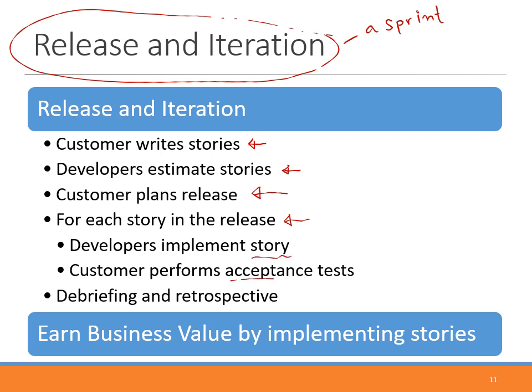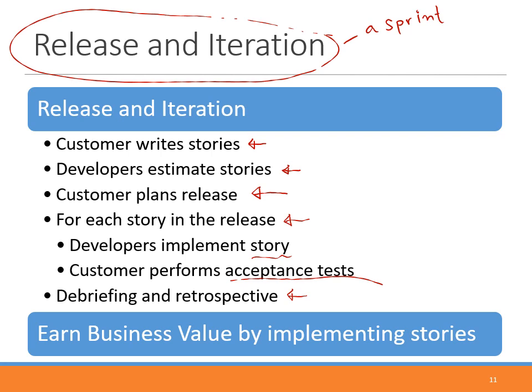Customers perform acceptance tests based on the acceptance criteria that we have defined together. But of course, in case there are some dynamic changes, we accept it, right? We are in Agile. And then at the end of the sprint, we do debriefing or we do a retrospective in order to learn from the past, what has been wrong, what has been right, and so on.